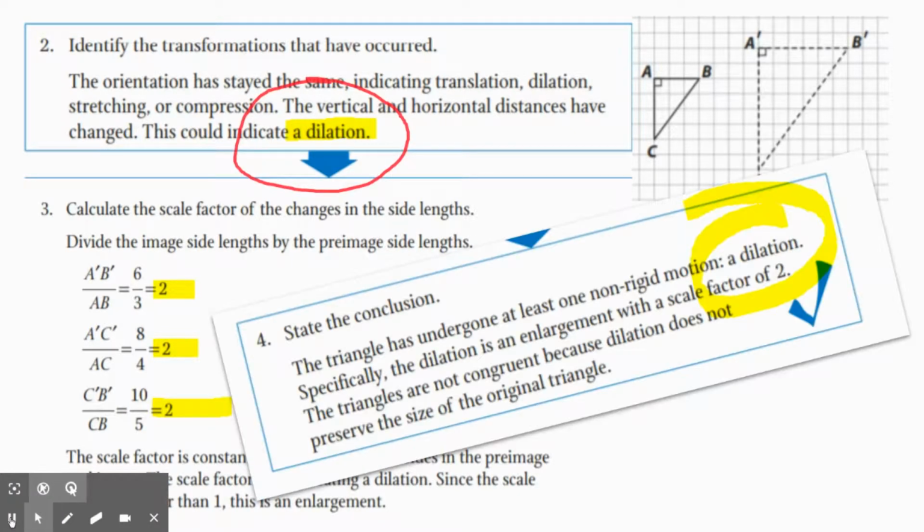So my conclusion is this triangle has undergone at least one non-rigid motion, a dilation, and it's an enlargement with a scale factor of 2. The enlargement means that the pre-image was enlarged to create the image.